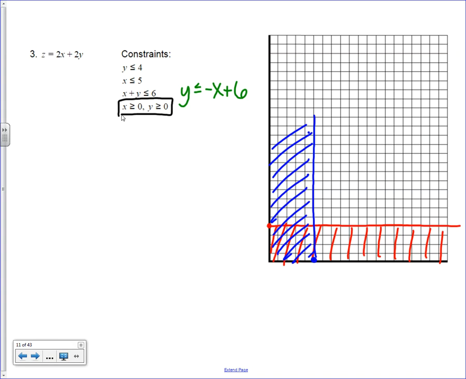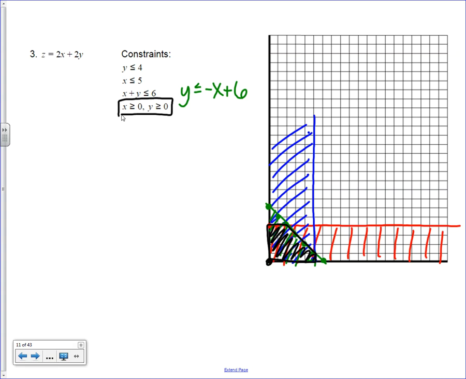I'm going to start at 6. 1, 2, 3, 4, 5, 6. And I'm going to go down 1, right 1. And this will be a solid line. And we are shaded below this. So it looks like the overlap of all of that is this trapezoid. It looks just like that.